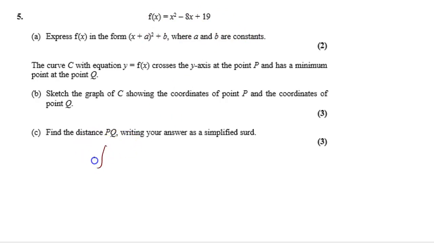We know that if f(x) is x square minus 8x plus 19, what we do is we divide it by 2, that is 4. We do the square of 4, that is 16. So we write plus 16 and minus 16 to balance the equation.